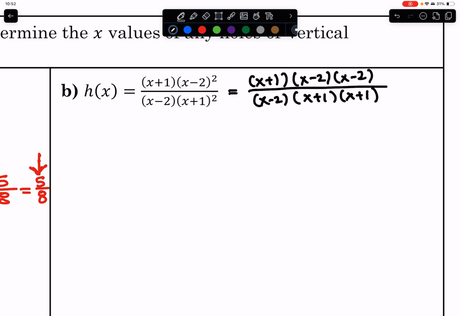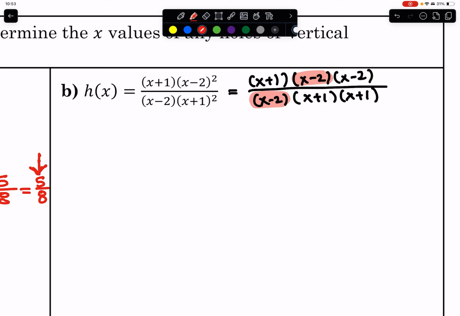Okay. The first thing I'm going to look at is how many factors we have of each, if there's anything on top that matches with the bottom. Again, to find the vertical asymptote and the holes, I focus on the bottom. As long as it doesn't match up with the top, it's going to be a vertical asymptote, but if it matches with the top, it's going to be a hole. So right here, notice again, this x minus 2 matches with the one on top.